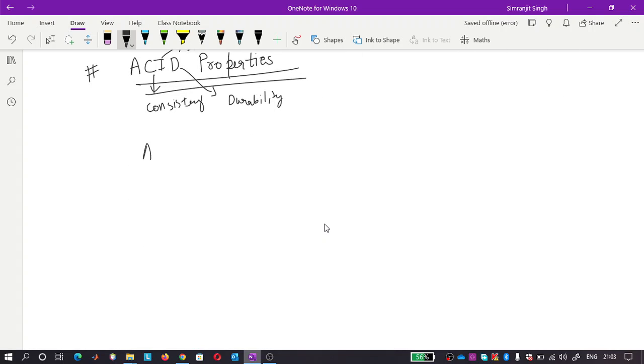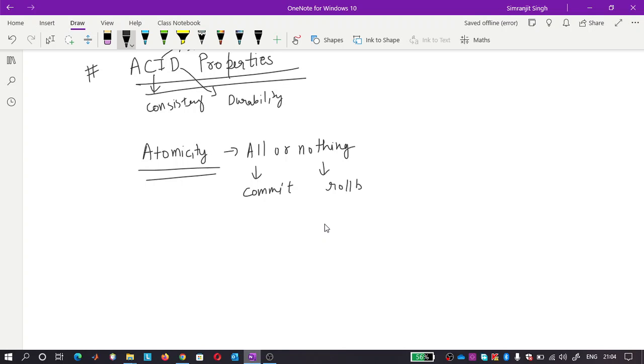Suppose I'm talking about atomicity. Everything is in the name, so it just says all or nothing. Either the transaction completes with a commit operation, or if there is any failure before the commit operation, everything will be rolled back.